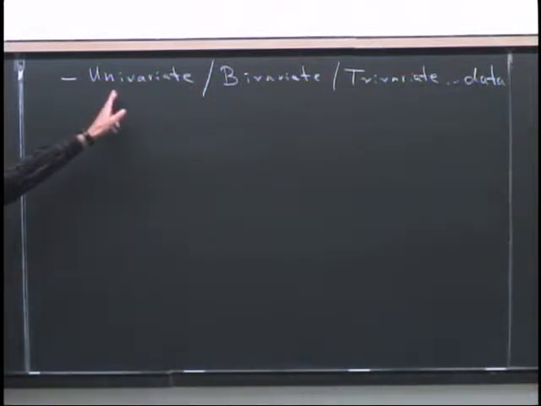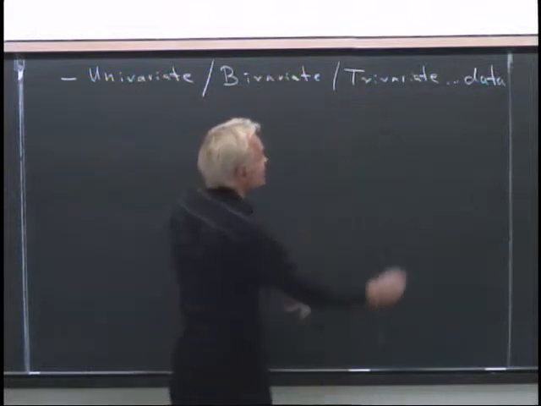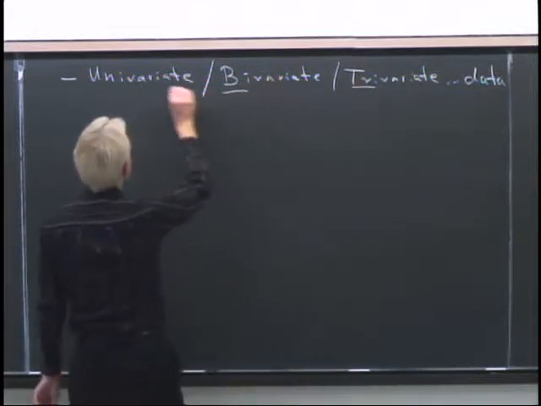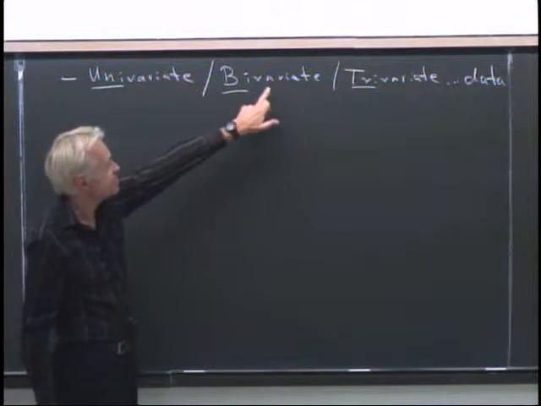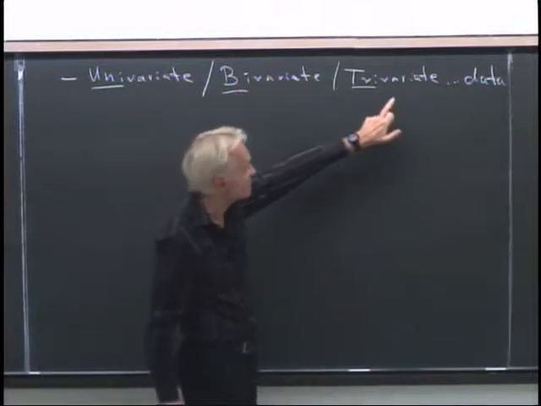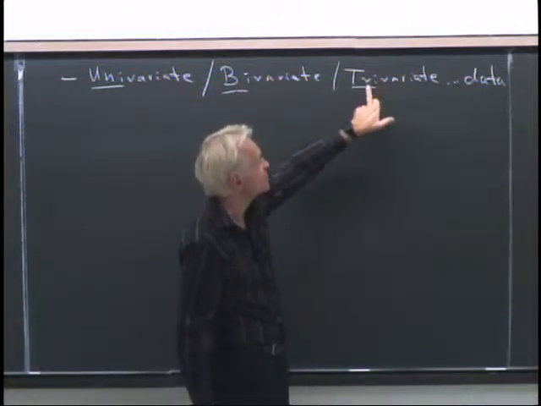What does this mean? Univariate, bivariate, and trivariate data. The meaning is hidden in those words, right? It's a data set that depends on one variable. This is a data set that depends on two variables. This is a data set that depends on three variables.